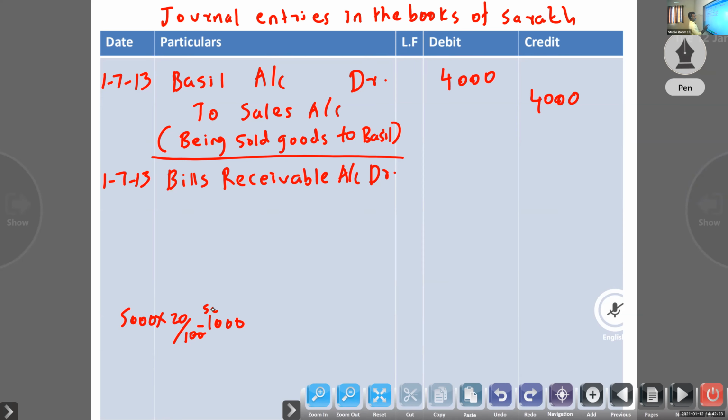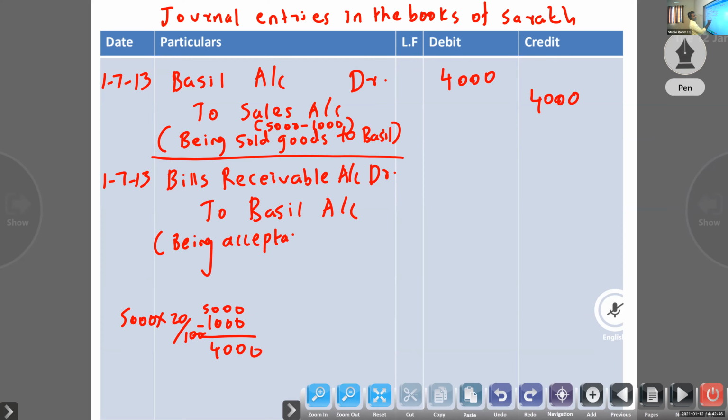So 5,000 minus 1,000, 4,000. Clear? 5,000 minus TD 1,000. So bills receivable account to Basil, being acceptance received, 4,000.